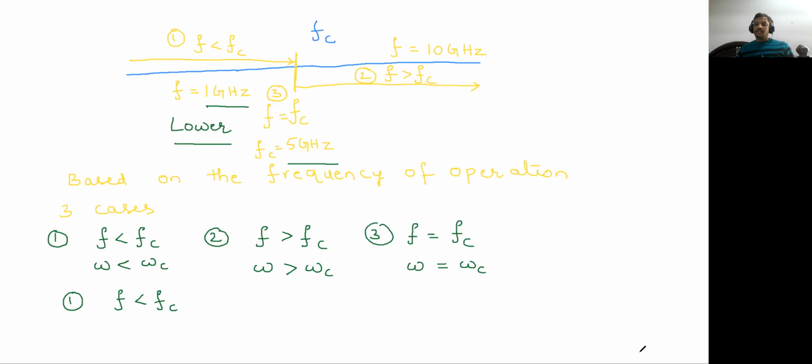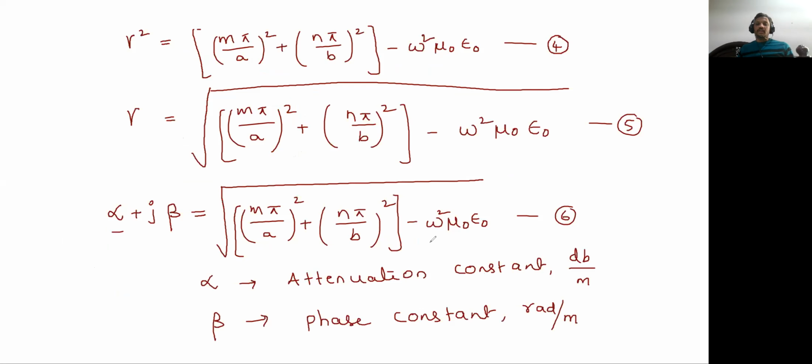When this frequency is very small, omega square mu epsilon is going to become a very small number. When this is very small and the other is very large, larger number minus smaller number will always give a real number. So the entire root of larger minus smaller will always give a real number, and that will be equal to this alpha.